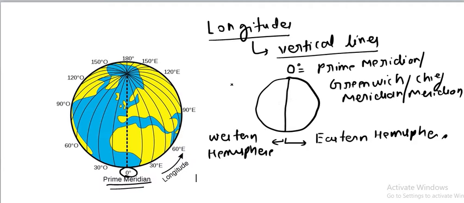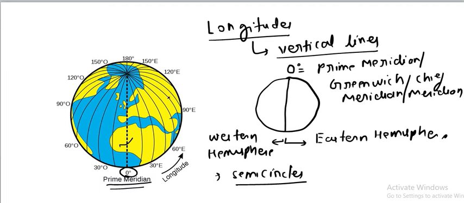Now when we look at the longitudes, longitudes are basically semicircles, not the complete circle, right? You can see the 0 degree is here, then further 15 degree, 30 degree.